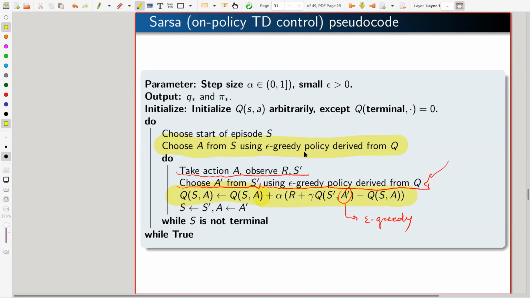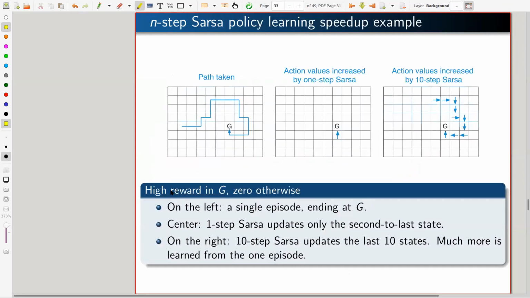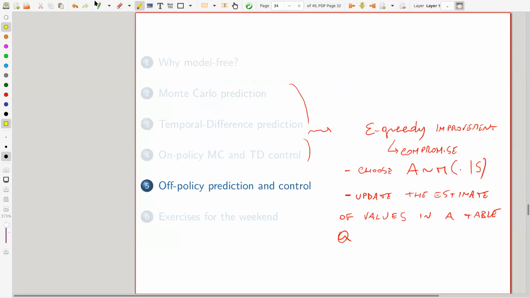This is the policy for choosing the actions. This is a table to store the values that will give you eventually the optimal policy. Correct? So what I'm saying is this: update the estimate in the table, storing at the end the optimal policy.